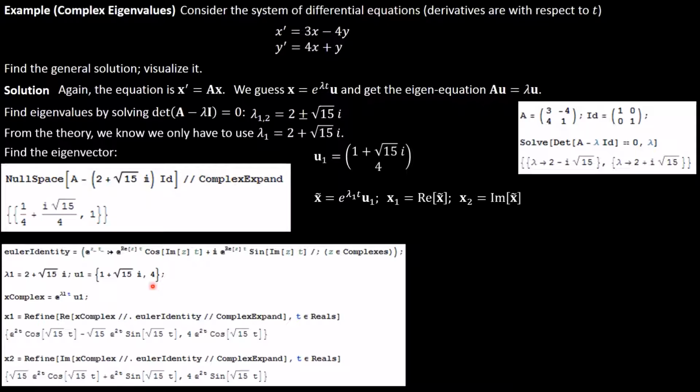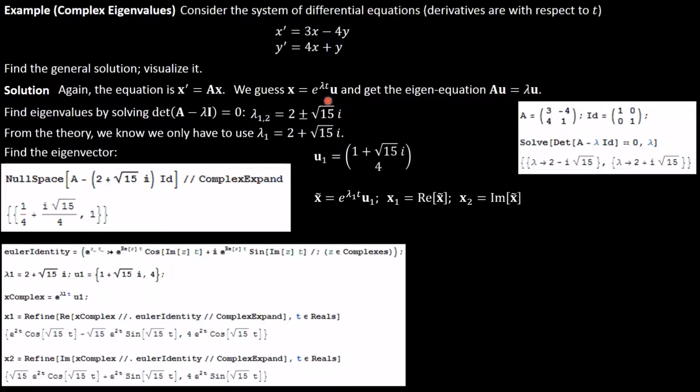This is the eigenvector corresponding to lambda 1. And then I used x complex. That's my x tilde. X complex is e to the lambda 1 t u1. That's our solution, but it's going to be complex valued.